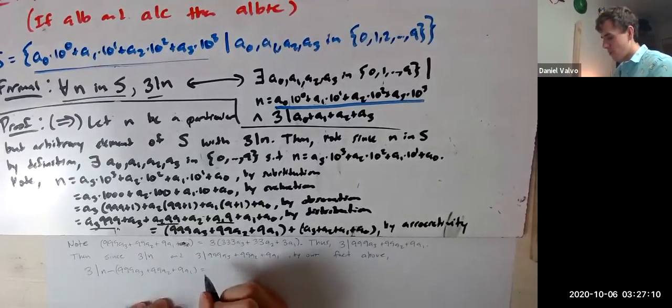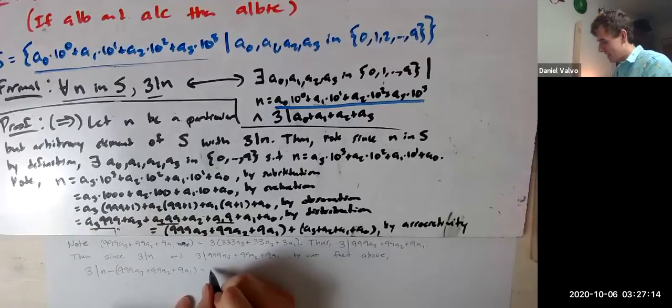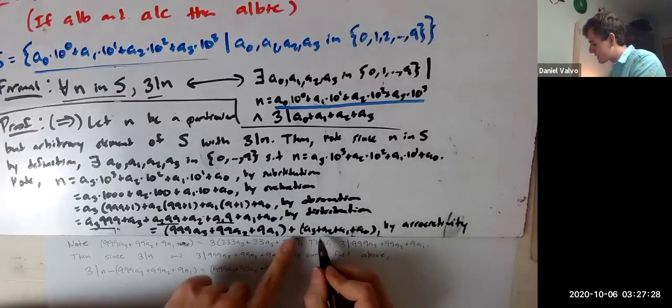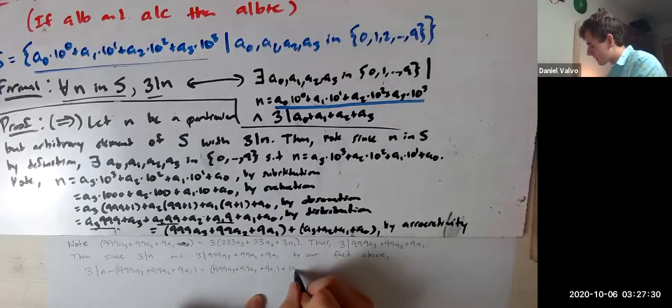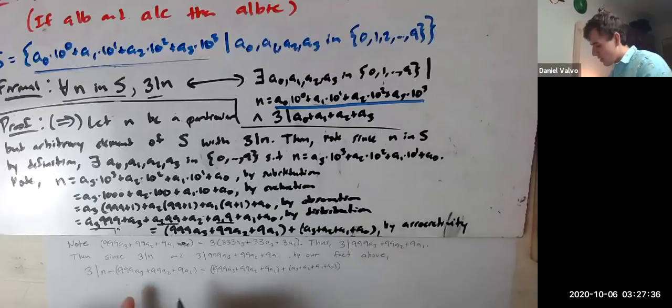But timeout. What's n? n equals this. n equals 999 A3 plus 99 A2 plus 9 A1 plus these guys. That's n.